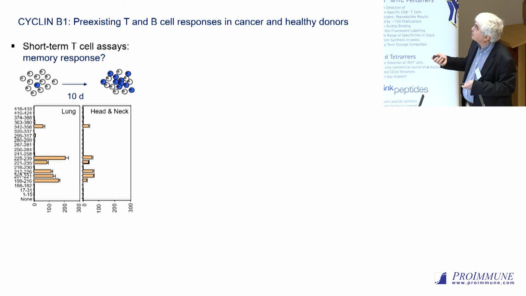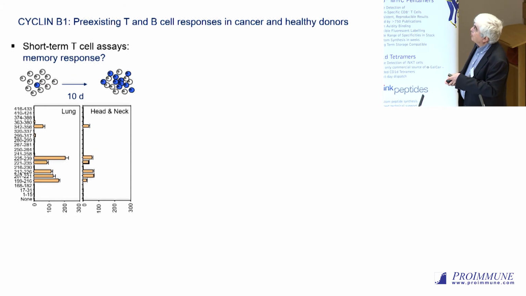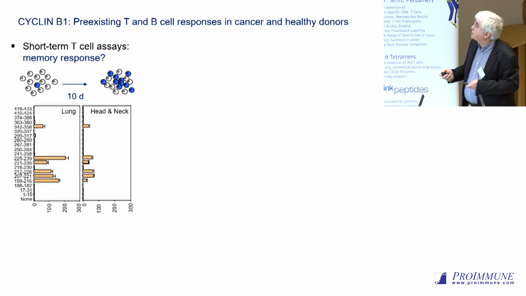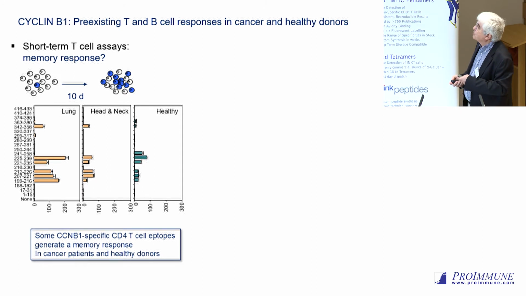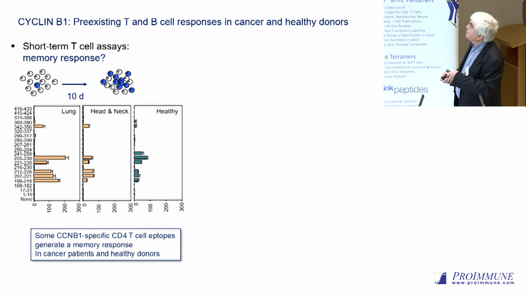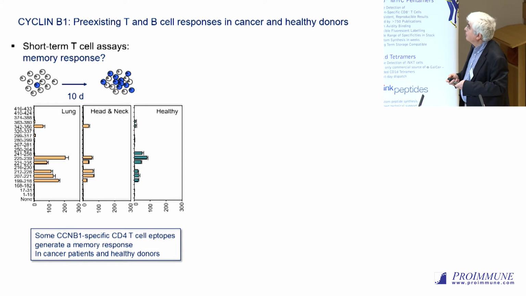And you can see that part of the T-cell epitopes, but not all, contribute to a spontaneous response in these patients. But our surprise is to see in the control that we also get exactly the same profile of response in the healthy donors, which means that there are some T cells already expanded in the healthy donors against cyclin B1.